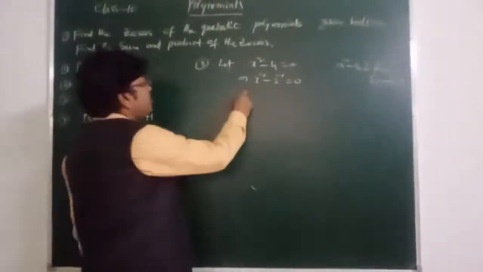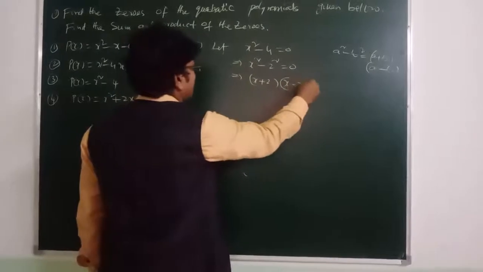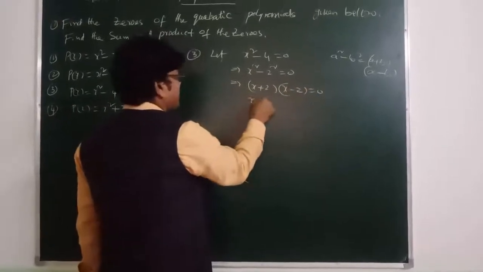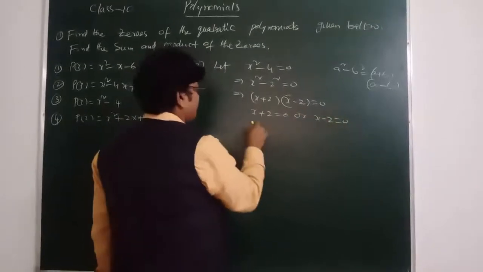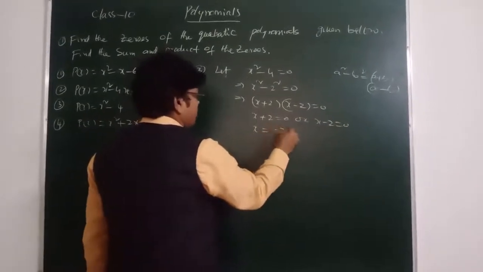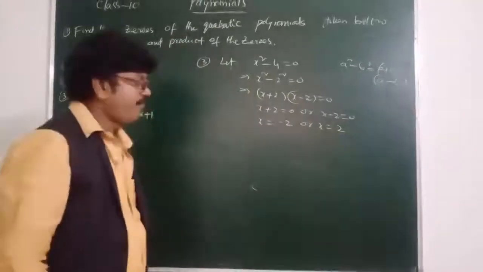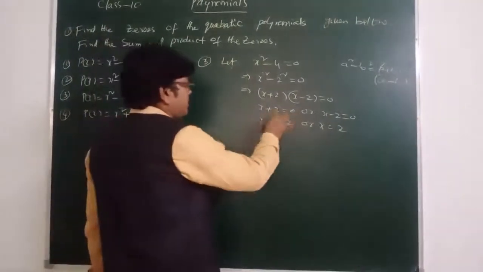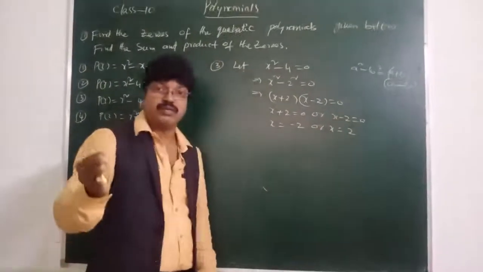Now we can write x plus 2 into x minus 2. x plus 2 equal to 0 or x minus 2 equal to 0. x equal to minus 2 or x equal to plus 2. If we send it to the RHS, plus changes to minus, minus changes to plus, as we already know.